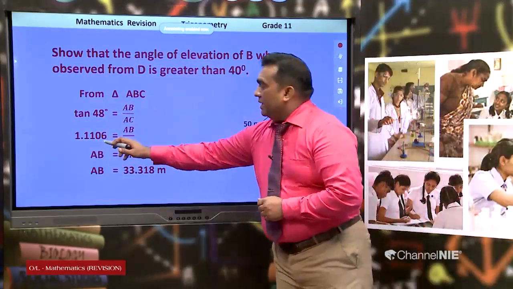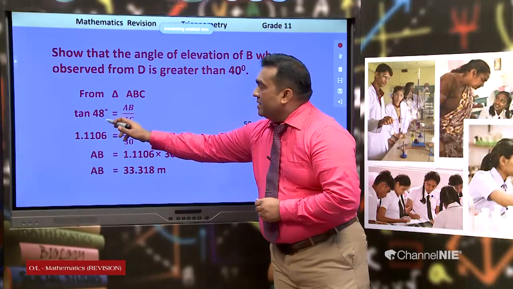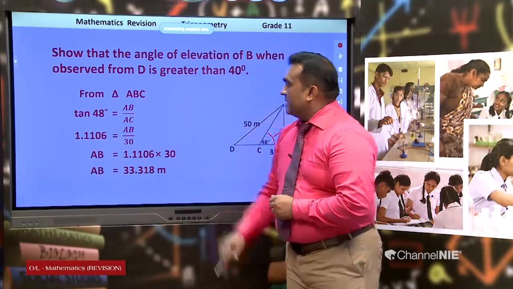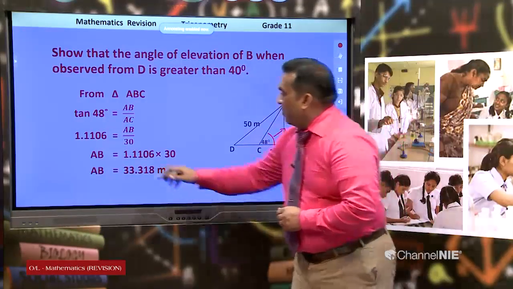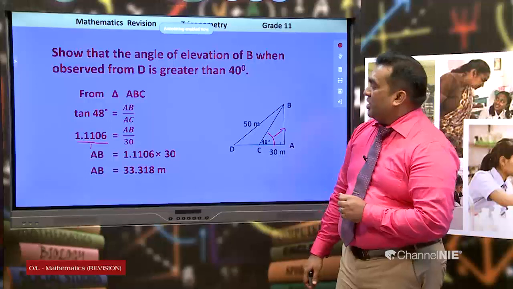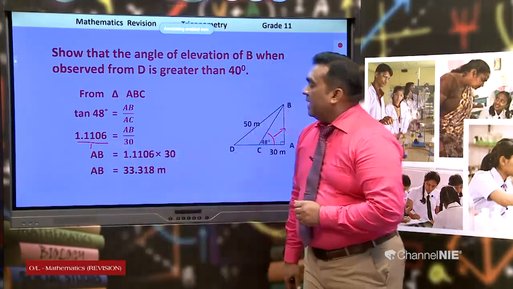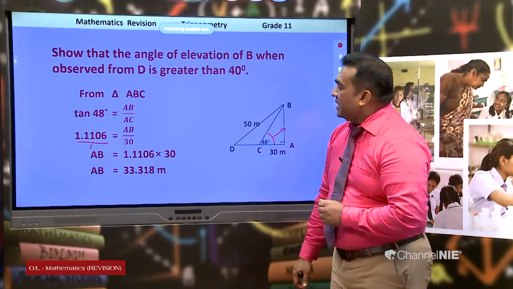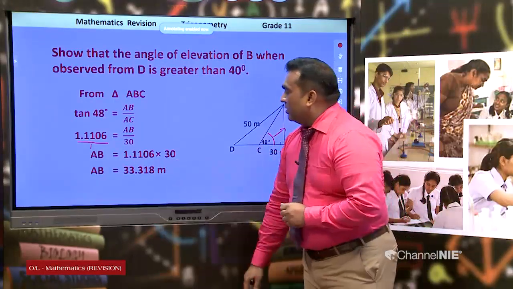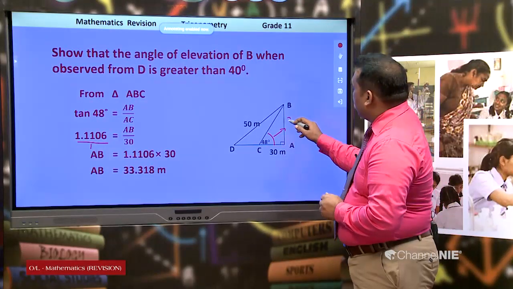Tan 48 is 1.1106 from the natural tangent table. AC is 30. Now you can do cross multiplication. AB equals 30 multiplied by 1.1106. Then you have 33.318. That is AB.